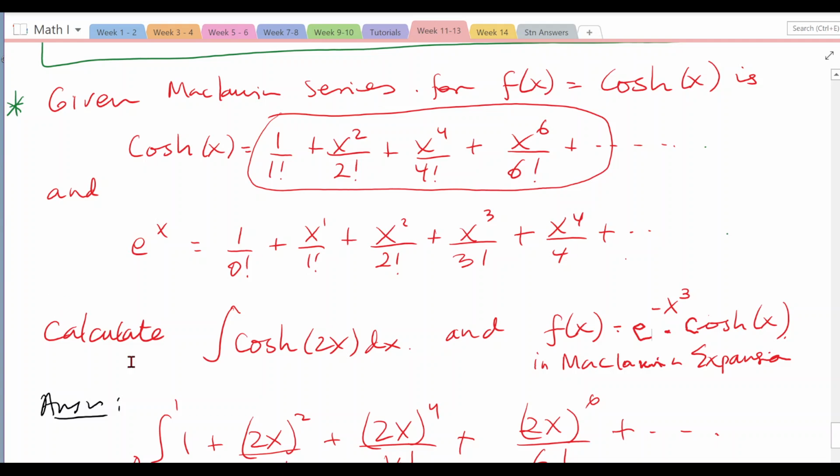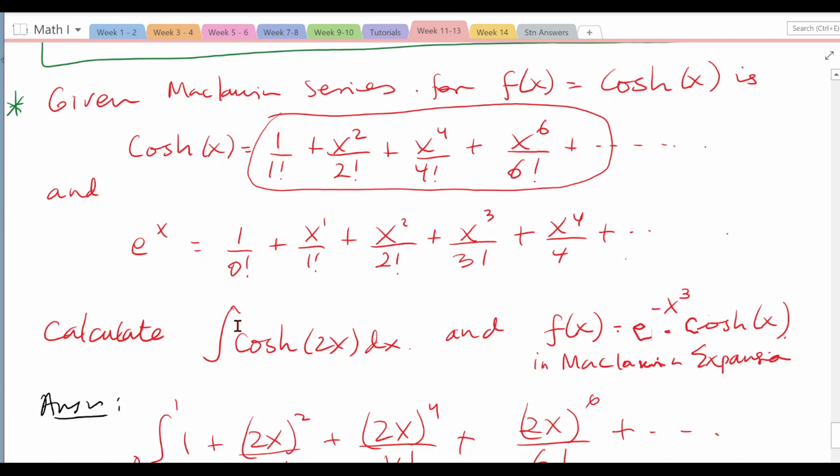The question is, calculate the integral of cosh of 2x with respect to x, and then also multiply the e to the power of negative x cubed multiplied by cosh x. So let's just tackle the first problem here.